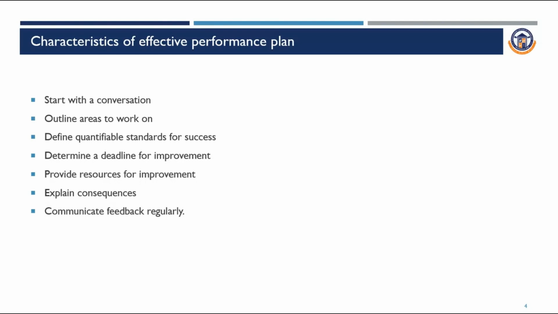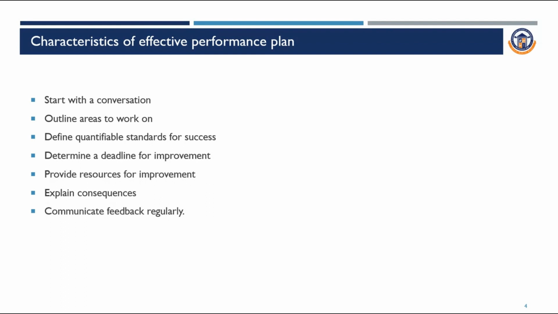Next is to determine a deadline for improvement. Sometimes you will need a representative to seriously increase their volume in the next 2 months, or your business will suffer a major hit. At other times we will have the luxury of taking a little more time to let them grow.